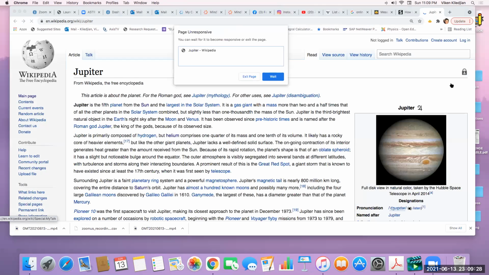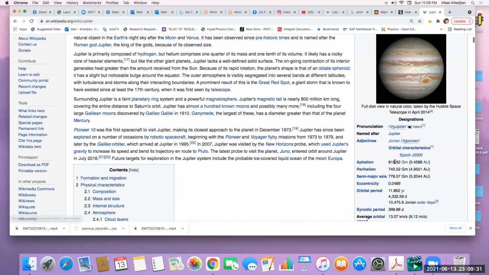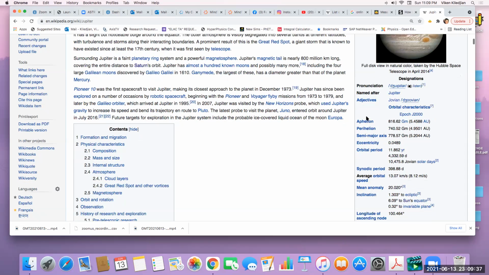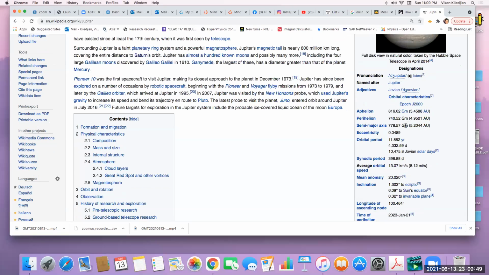Usually Wikipedia will have all the information you need on any planet or a star. On the right side over here, it has the distance to Jupiter in AUs, semi-major axis, 5.2 AU. Gigameters, 778.57. This means 778.57 gigameters.